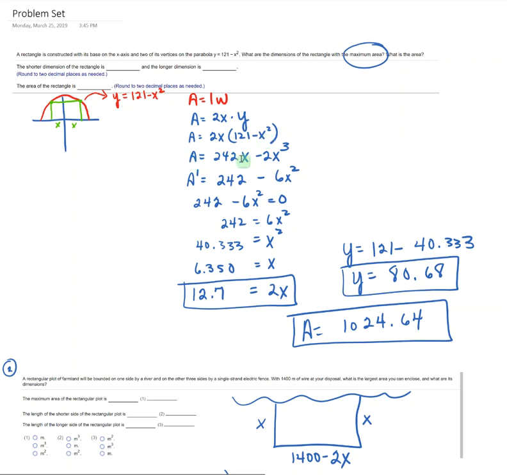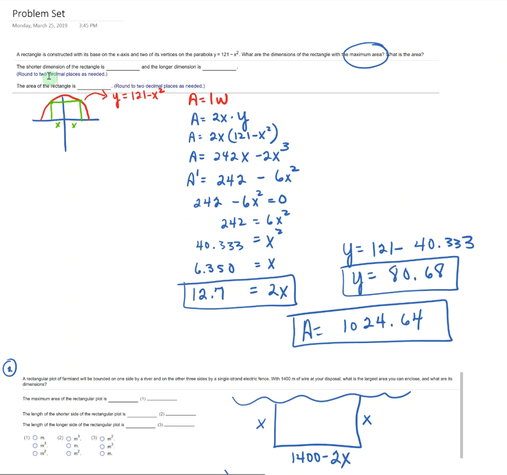So A is 242x minus 2x cubed. Take the derivative and you get 242 minus 6x squared. Set that equal to 0. Let's solve that for x squared is 40.333. And then take the square root. X is 6.350.